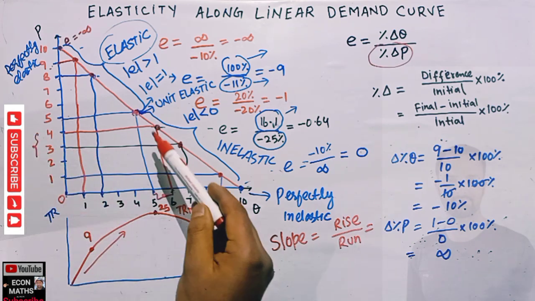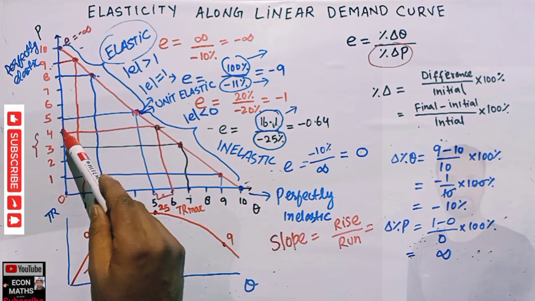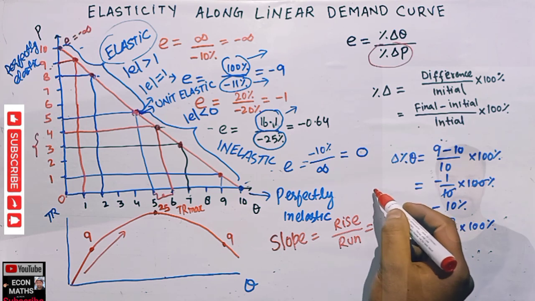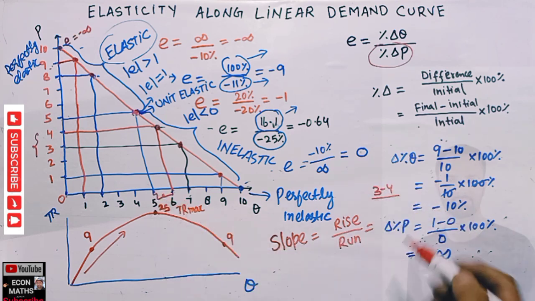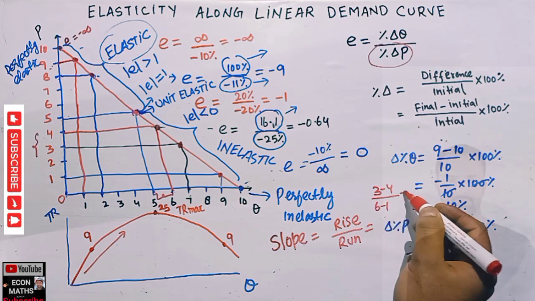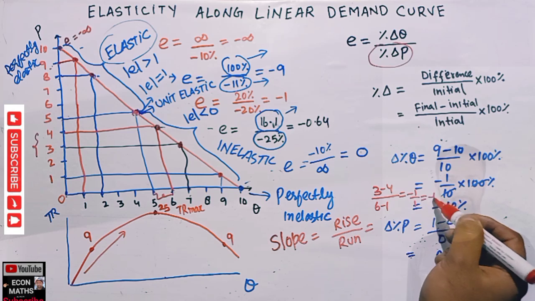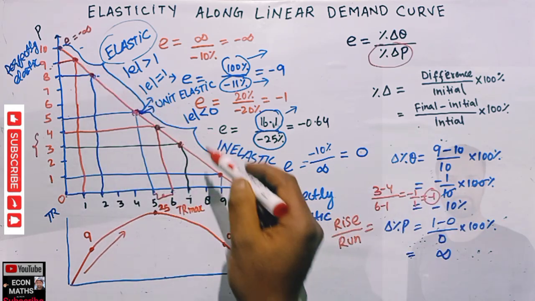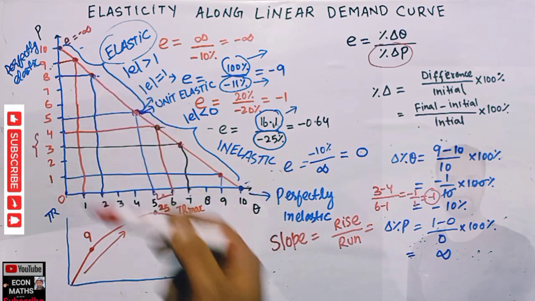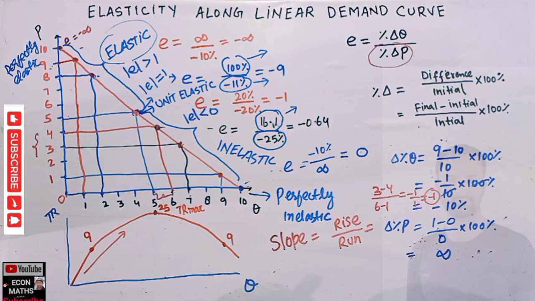Here we have 3 minus 4, and here we have 6 minus 5, so this comes out to be minus 1 upon 1, which is minus 1. That means the slope along this curve is constant, and at all points the slope will be equal to minus 1, but elasticity will change along this demand curve.